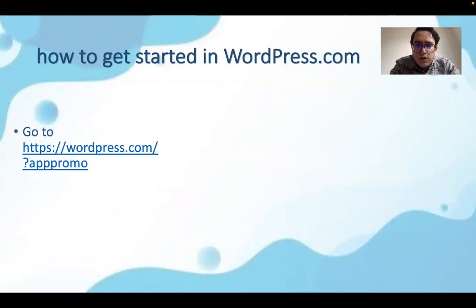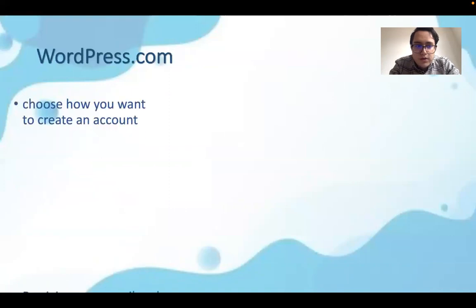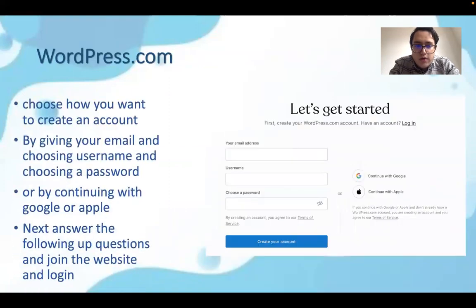So how do you get started in WordPress? First you go to wordpress.com and select get started. I hope you have done this part already from a few weeks before, but just as a review, we go over it. You click get started and choose how you want to create your account.